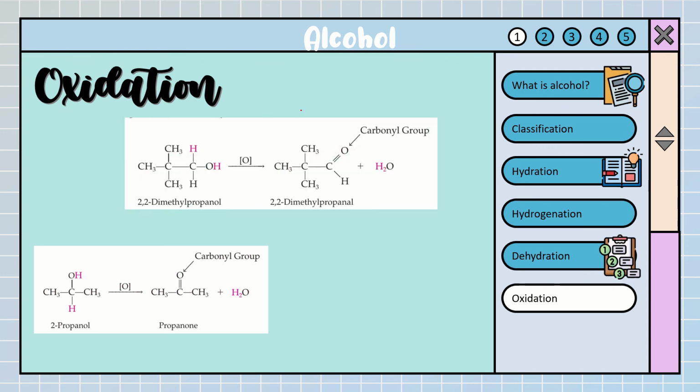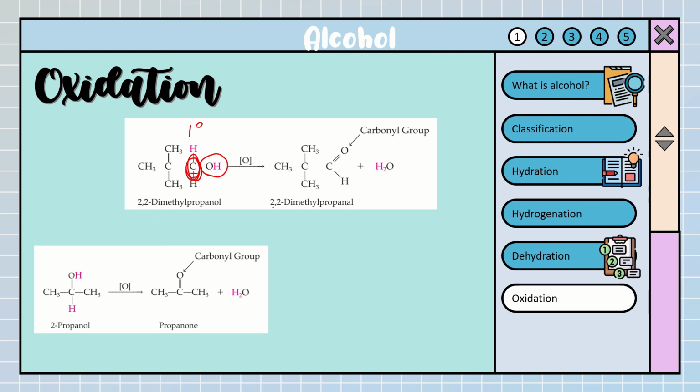For the first example, as you can see, the hydroxyl is bonded to this carbon, which has another R group. So this is considered a primary alcohol. Therefore, as our product, this carbonyl group will be formed, making an aldehyde.